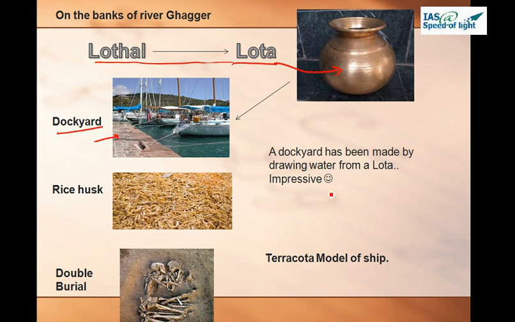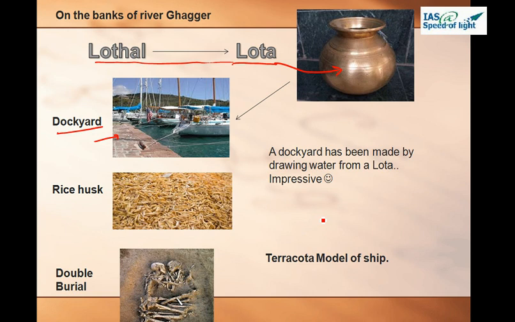So a dockyard has been made by drawing water from a lota. See a picture where people are trying to make one dockyard by drawing water from a lota. They have made a complete dockyard using water from lota. See that picture, with lota in their hands, and they are making one dockyard.